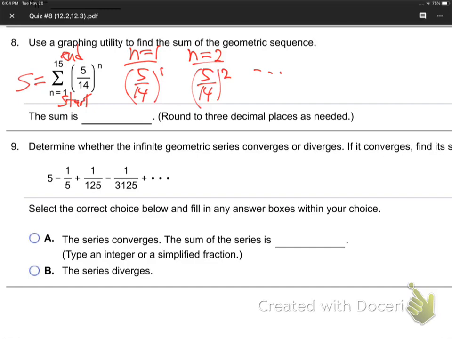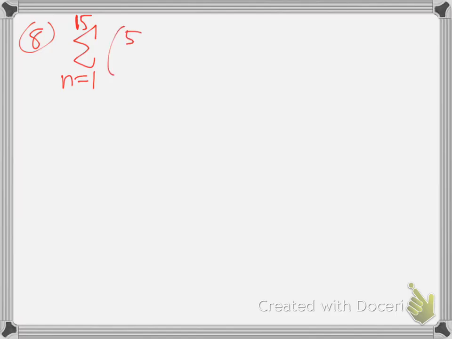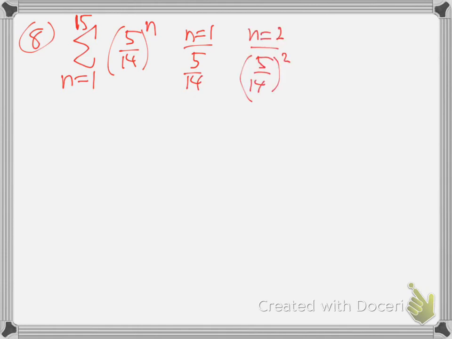So here, I need more room. It's the sum from n equals 1 to 15 of 5/14 to the n. N equals 1, it's 5/14. N equals 2, it's 5/14 squared, etc.